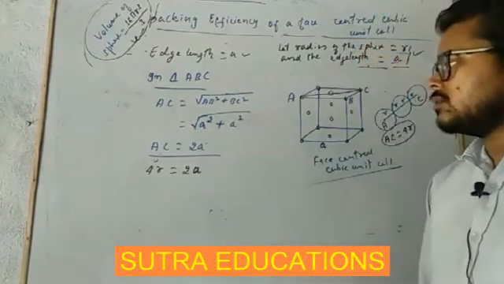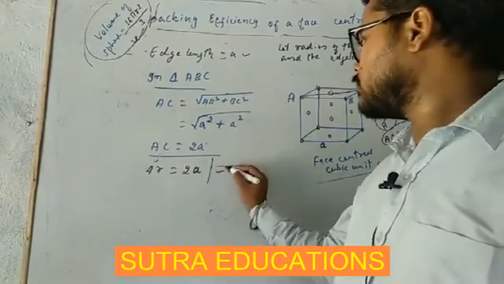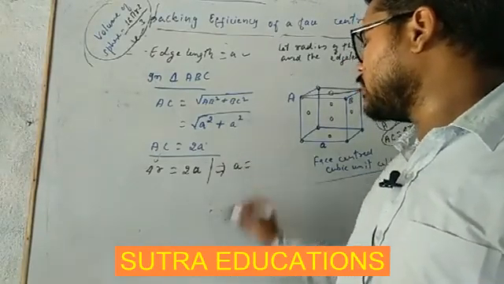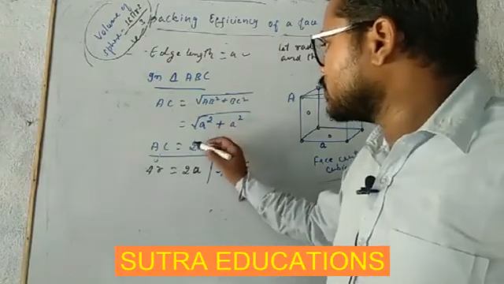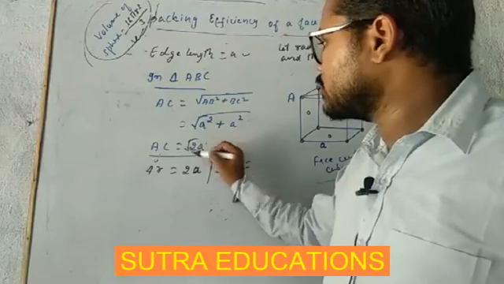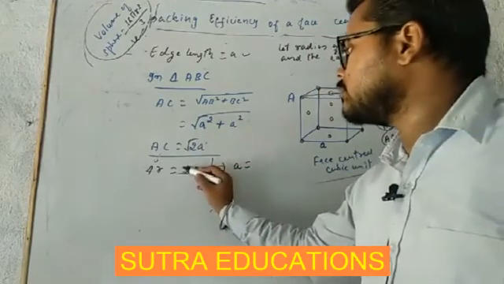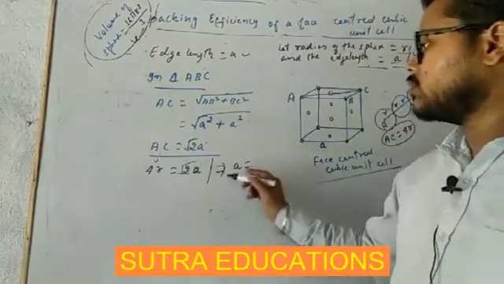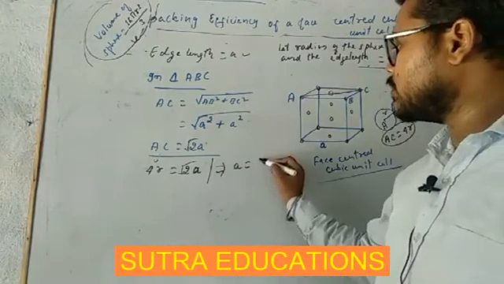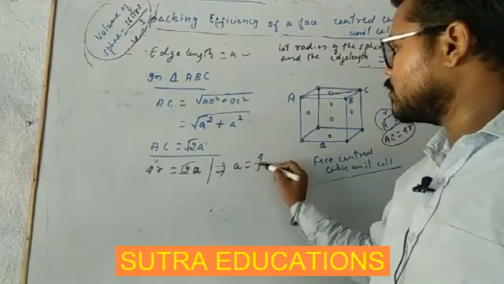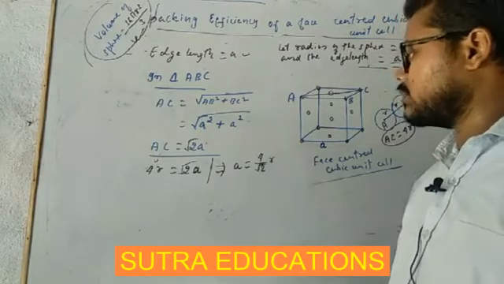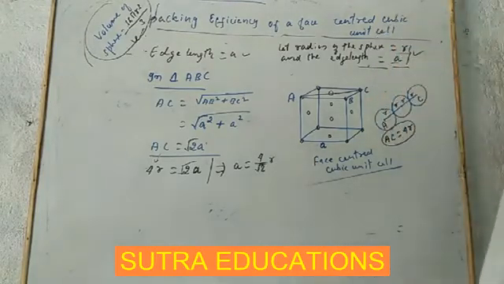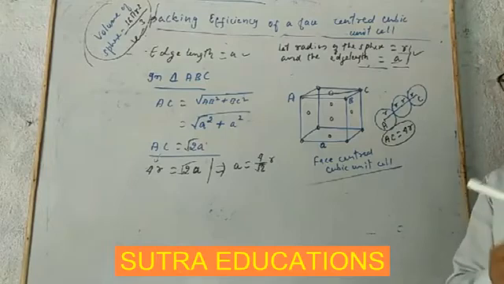Okay, so from here a will be equal to 4 by root 2 R. So we have the edge length.